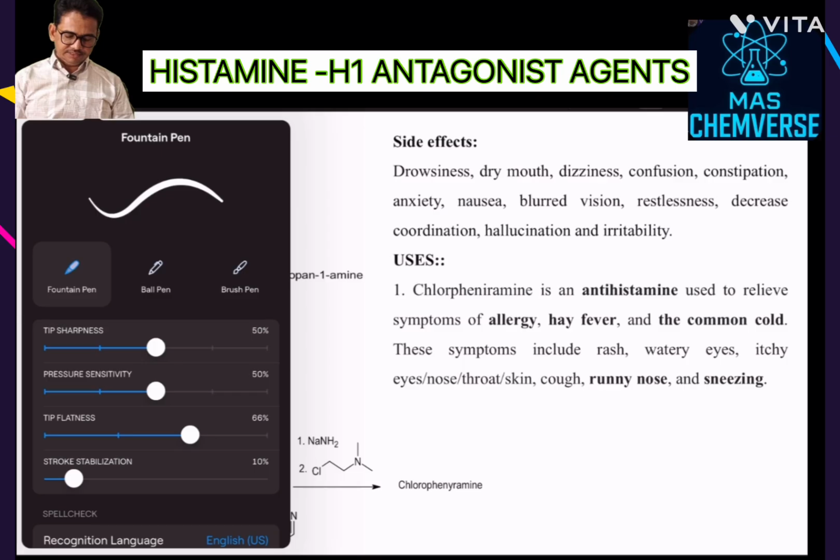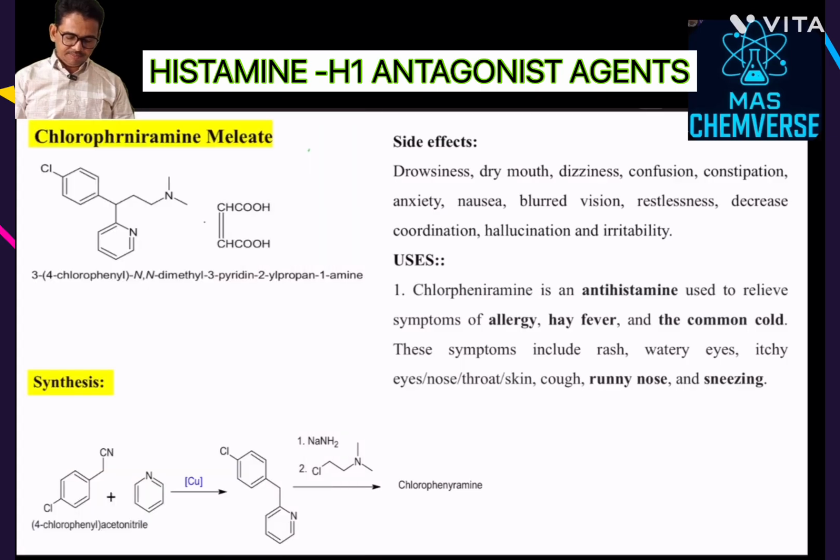But here the chain remains the same. What chain? Instead of ethyl it will have propyl. Propyl means how many? Here it will have 3 carbons, between the diphenyl group and this nitrogen. That is the structure of chlorpheniramine. Okay, the chlorpheniramine you might know.